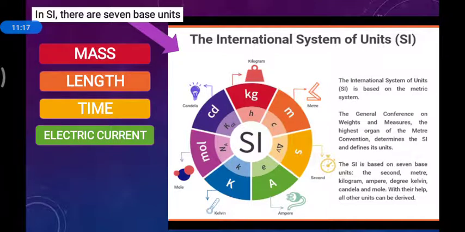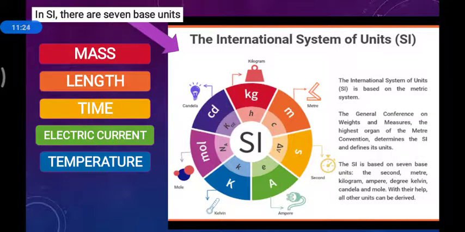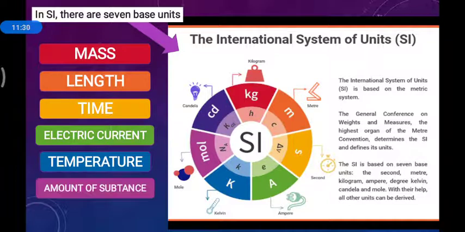The ampere is the fundamental unit for electric current, abbreviated as A. Then temperature: you have to measure temperature in Kelvin, blue color, abbreviated as K. Then the amount of substance is measured in mole, abbreviated as mol. And the last one is luminous intensity. It means how intense light is, all the measurements regarding light. And this is the candela.